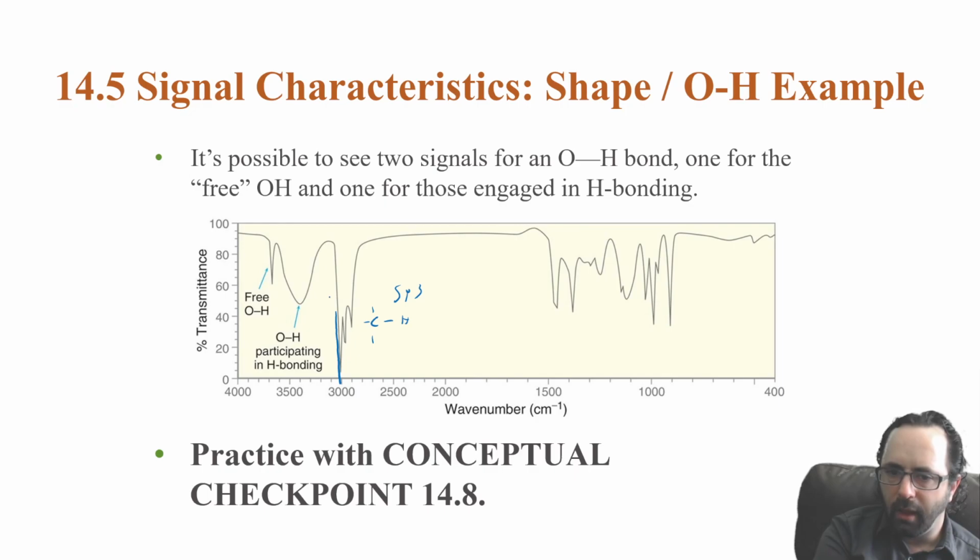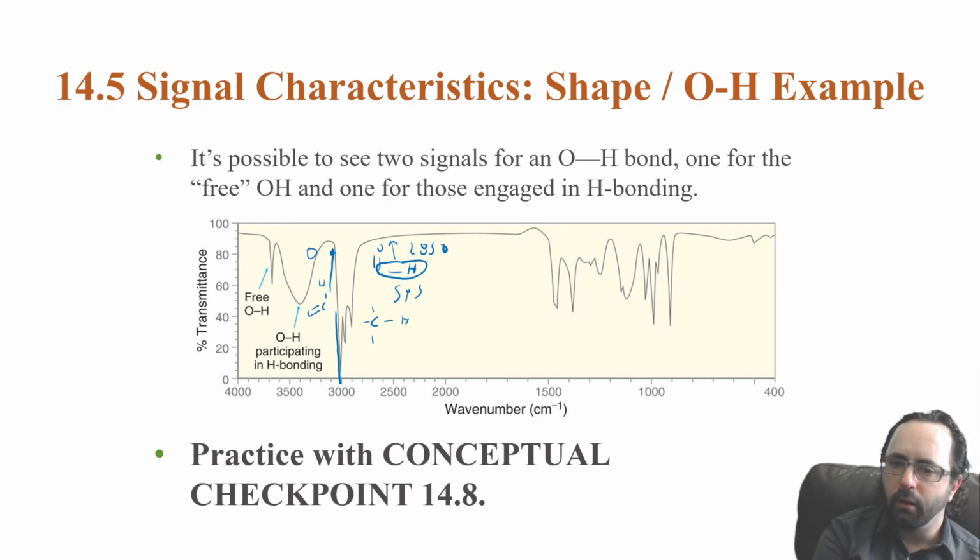If you have a carbon double bonded to carbon and you have a hydrogen, that's going to give you peaks just above 3000. And if you have a carbon-carbon triple bond, it will be something like here. In addition, at around 2850, if you have a carbonyl and an aldehyde, essentially, you get a carbon-hydrogen bond here too, and you'll end up seeing it around 2850.